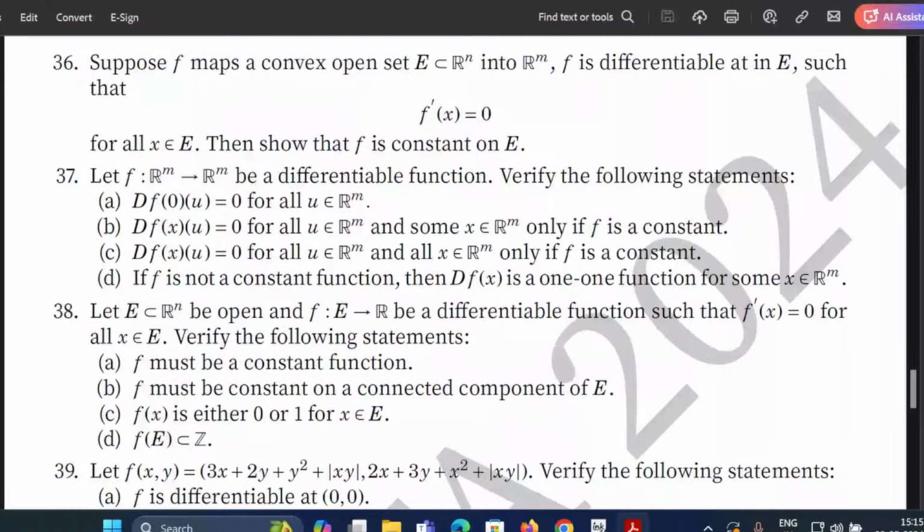Let E be an open subset and we have a differentiable function f such that f dash x is 0 for all x in the open set. Then verify the following statement. f must be a constant function. No. What is an example?